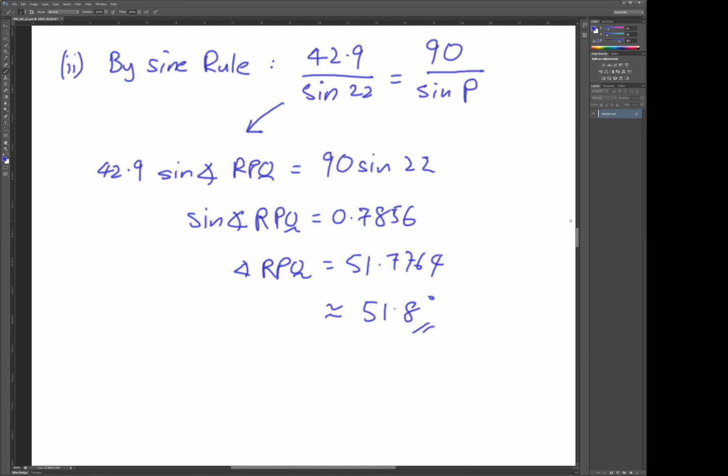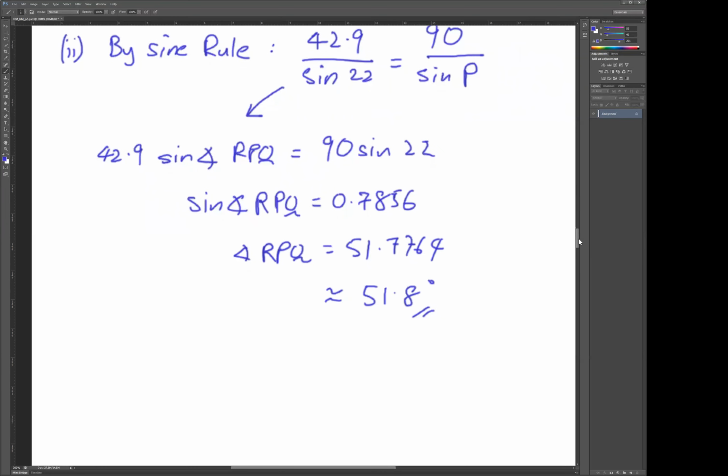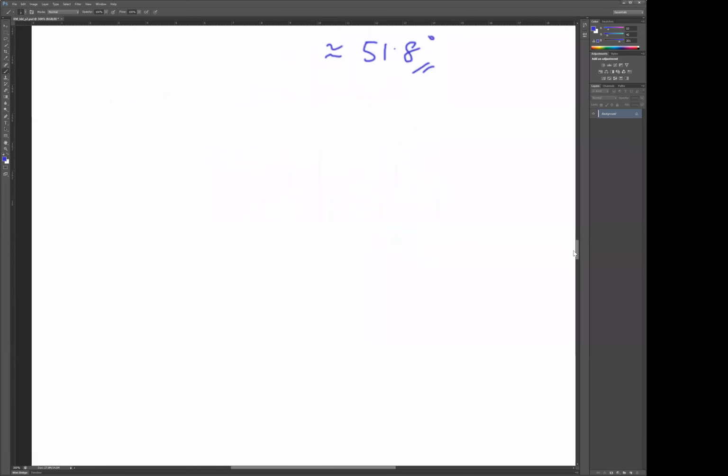Anyone struggling? We've done this many times, cosine rule, sine rule. If you forget, just go back, watch the videos again from the previous session. So the final thing that I want to find out is the area of triangle PQR, and that's half base times height.